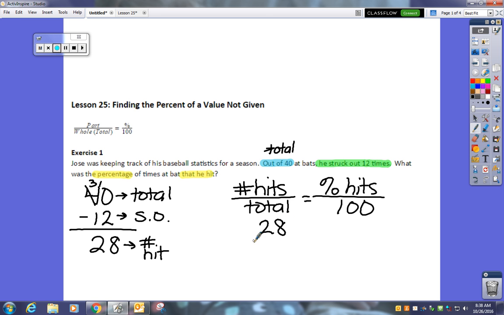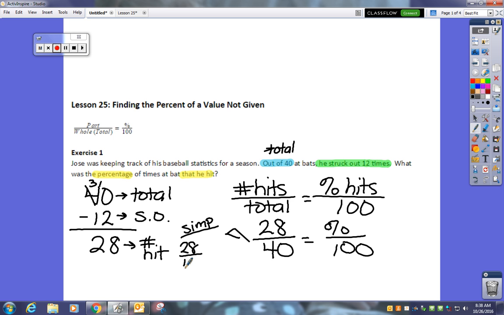Now we just plug in the numbers. 28 hits out of 40 total is equal to the percent hits over 100. 40 doesn't equally go into 100, so we would simplify this. We can divide both by 4, which gives us 7/10.